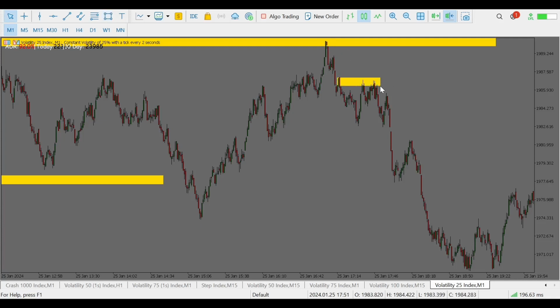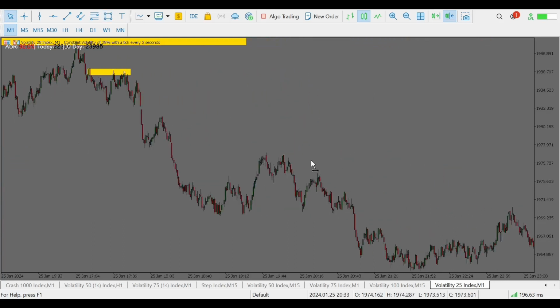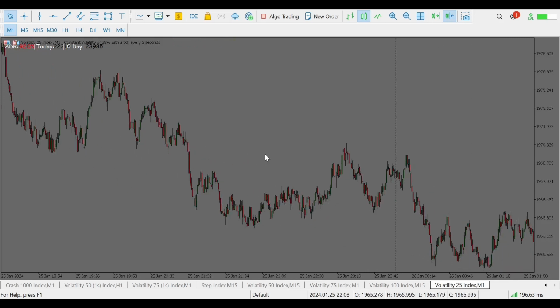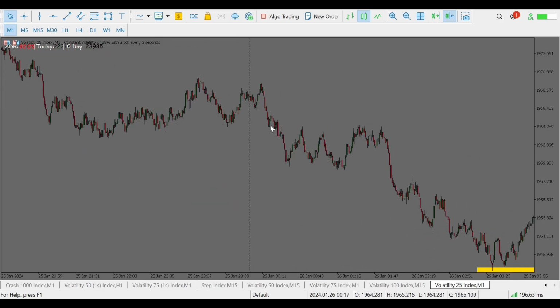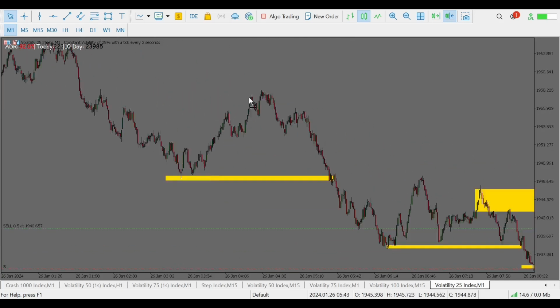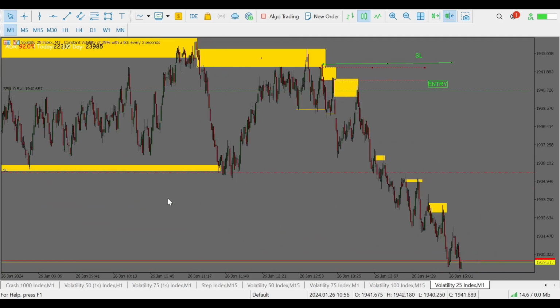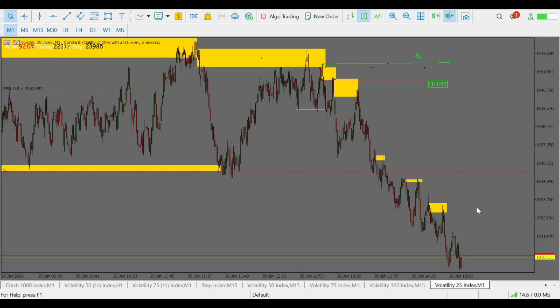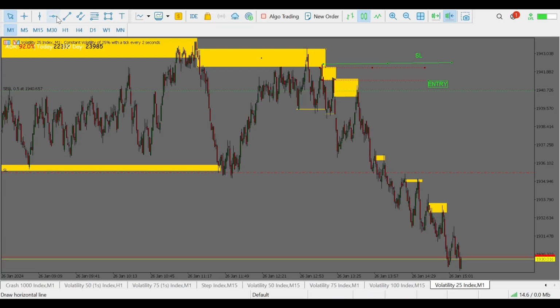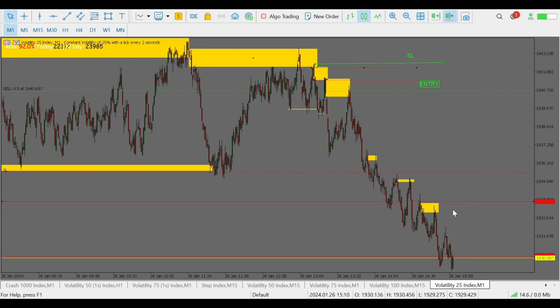This is an order block, entry there. As we move down, we notice that we could have more entries as the move was going down, until here where we noticed our entry point. The last entry point was here at 1933.